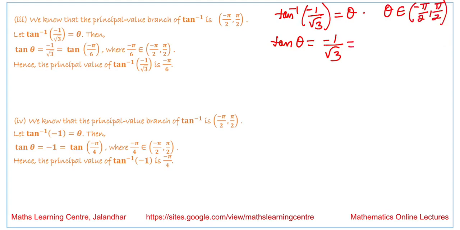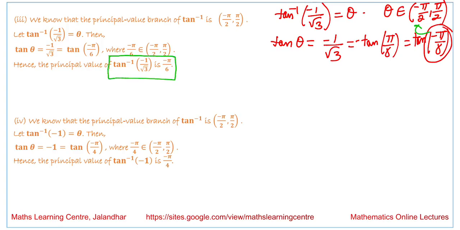This is equal to minus tan of pi by 6, which is equal to tan of minus pi by 6, and this minus pi by 6 belongs to this interval. So the principal value of tan inverse of minus 1 by root 3 is minus pi by 6.